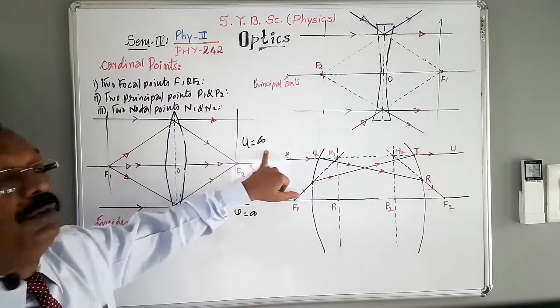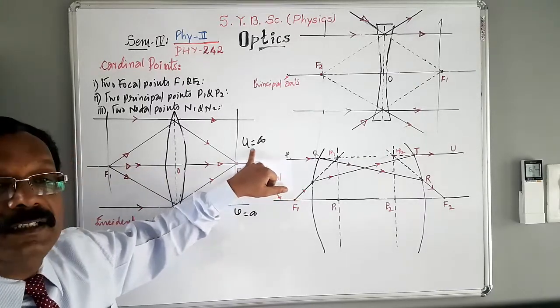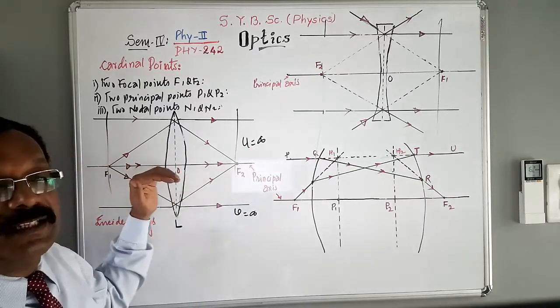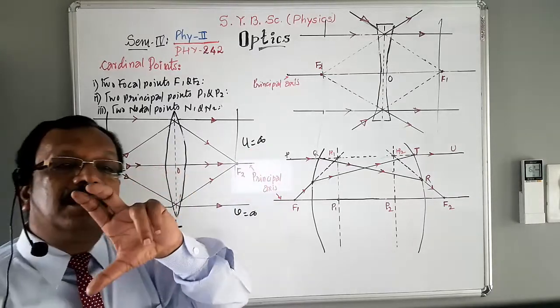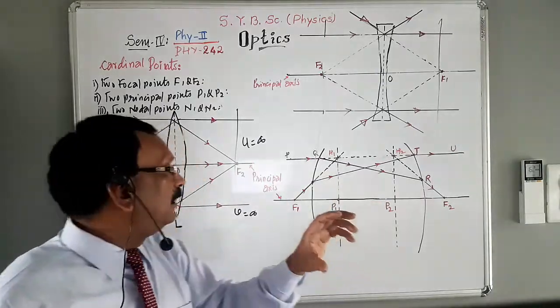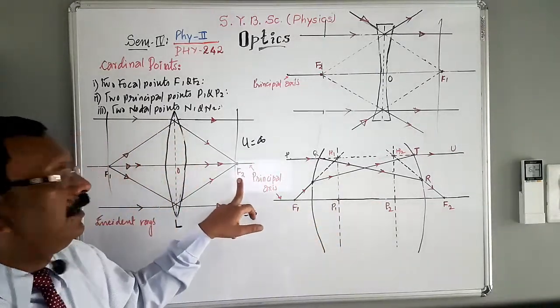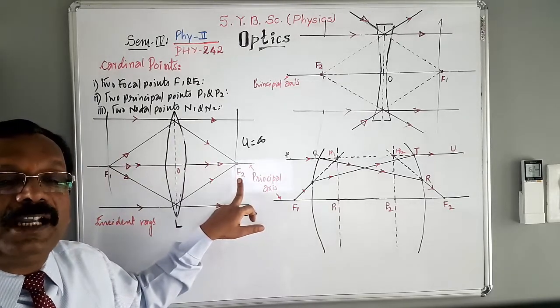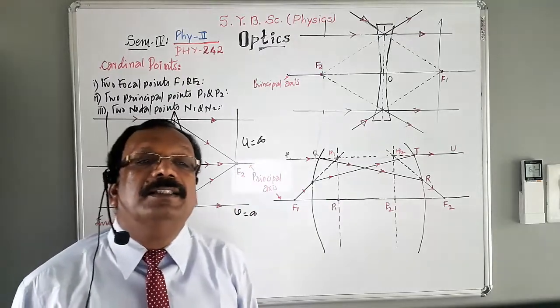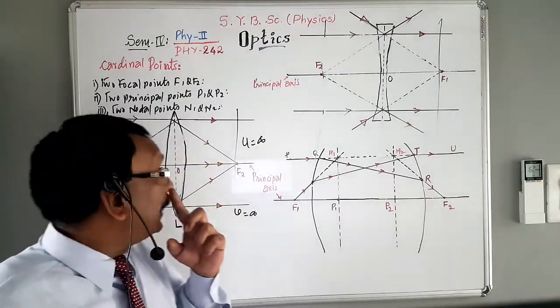When the object is situated at infinite distance on the principal axis and the rays come parallel to the principal axis, after refraction they converge and form the image at point F2, and hence F2 is called the second principal point.